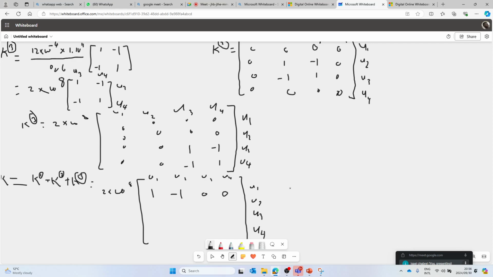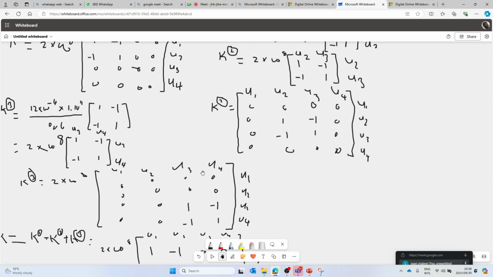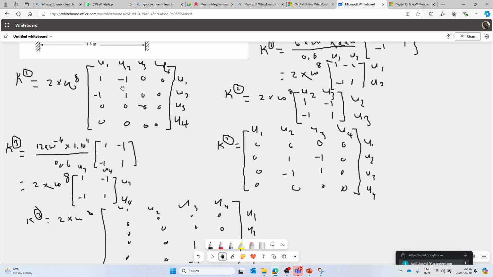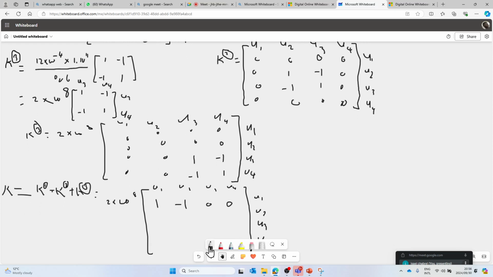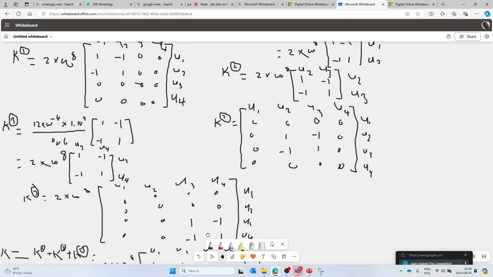Now, what else do we need? We move to the second one. The second one is minus 1, 0, 0, which is minus 1. Now you're having the global stiffness. Now we move to this one here.